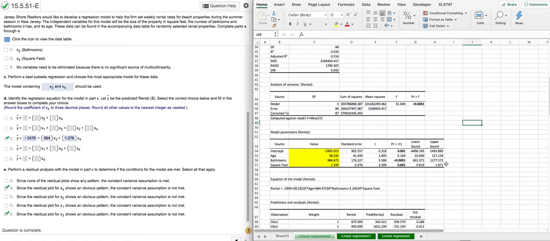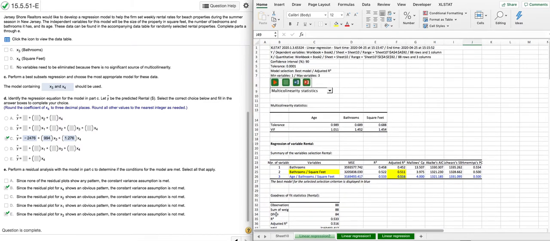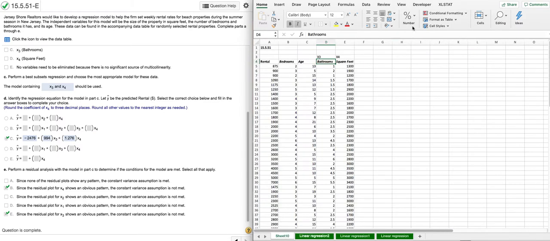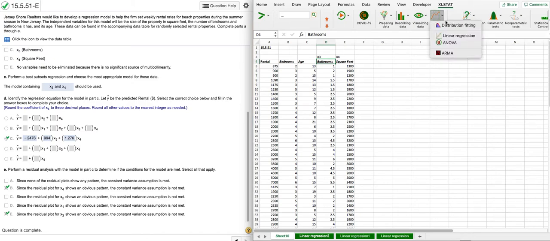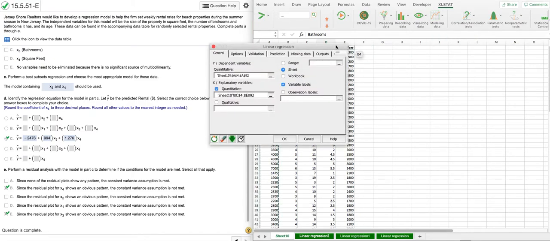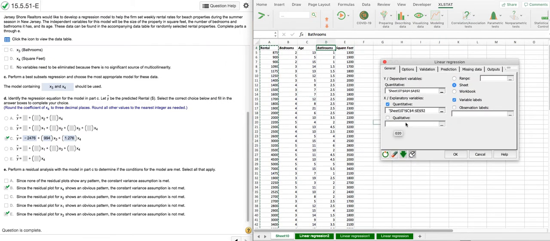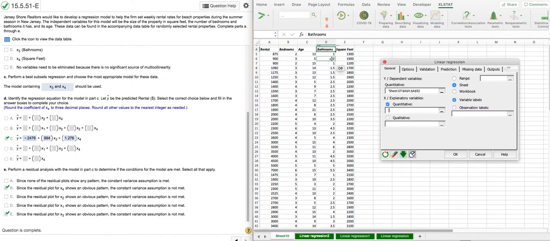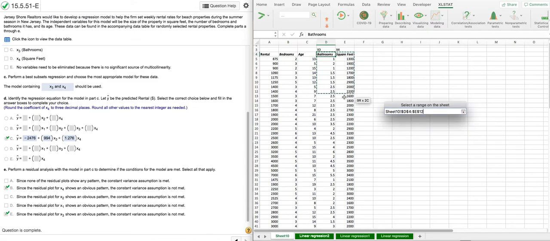So if we're really just going to use a model that has bathrooms and square feet, we need to rerun this again and get rid of age as a variable. So here we need to go back and rerun the regression another time. This question is definitely a fun one for getting into the weeds with model building. So I'm going to change the independent variables to just x sub 3 and x sub 4, which is bathrooms and square feet.